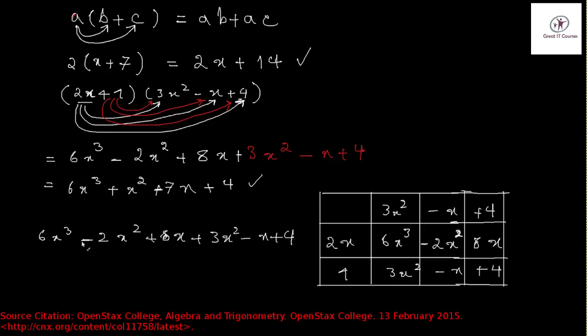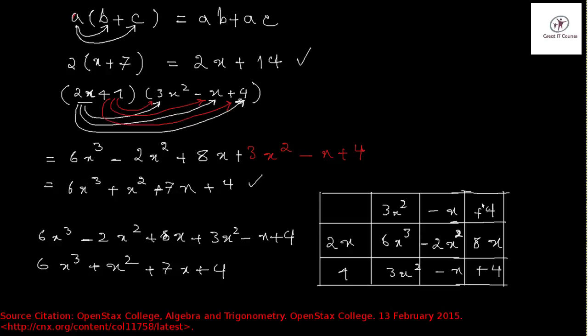And then you can simplify: 6x cubed plus x squared plus 7x plus 4. You can see that you get basically the same answer, only here things are a little more organized, so you know what you're doing.